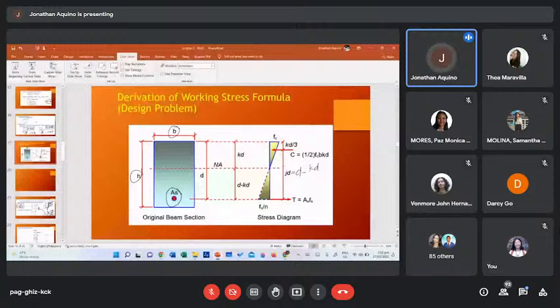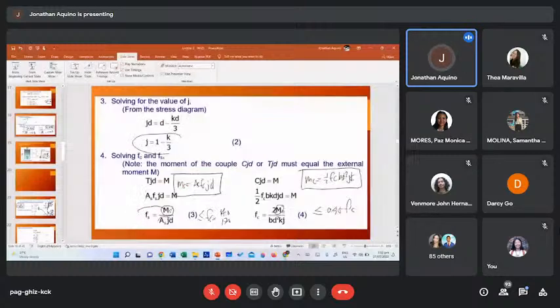So this is also similar to investigation problem. So the only difference lang in the formula is the determination of K. So ito yung pag-solve ng K for investigation problem. And ito naman yung determination for K for design problem.